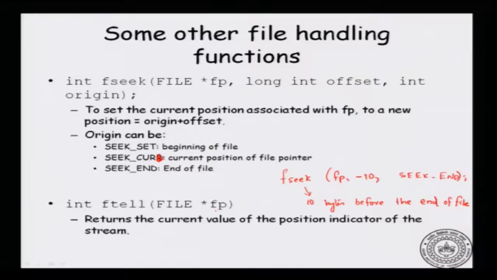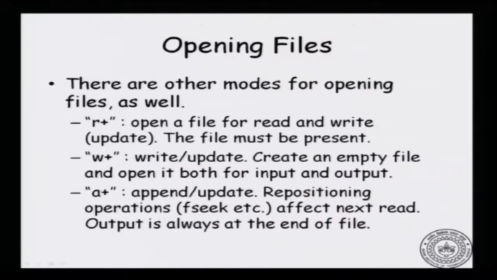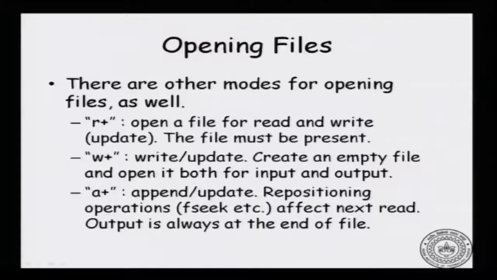So, with this, let us take a look at a few more modes in file operations. When you open files, we saw that you could open them in mode R, W, A. Now, there are also some other special modes that C gives you. For example, there is something called R plus.